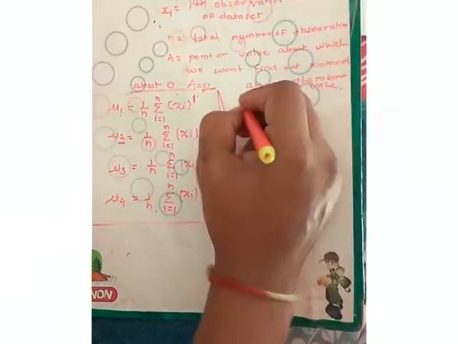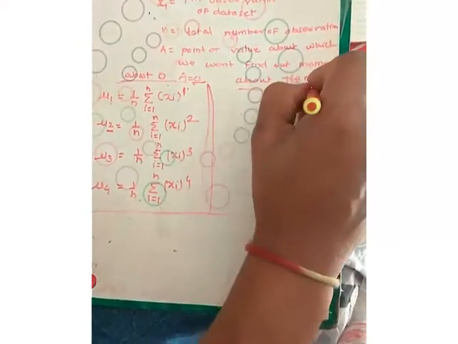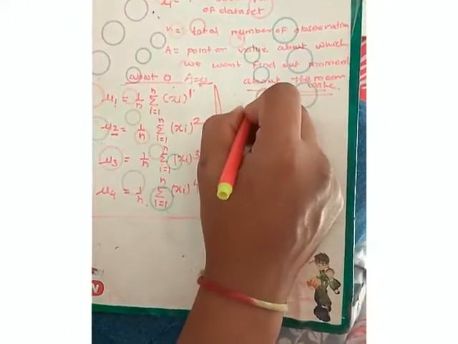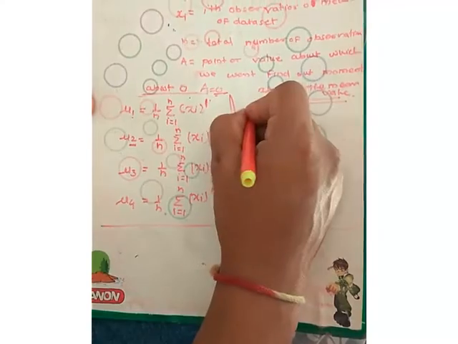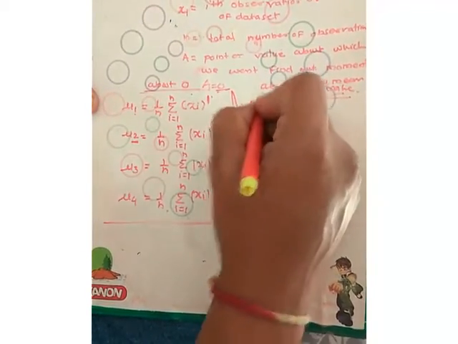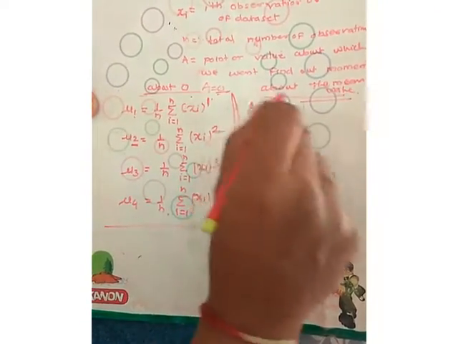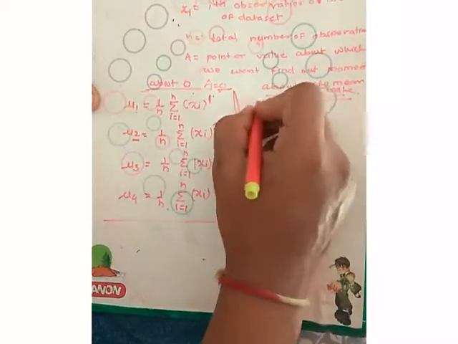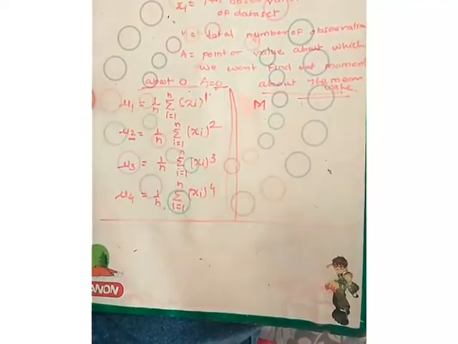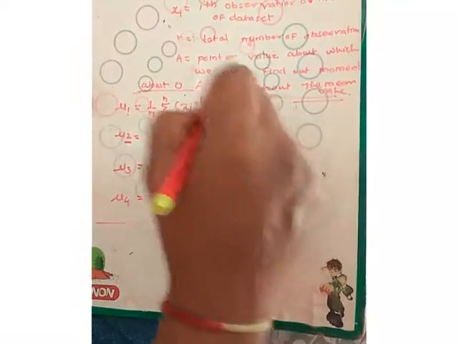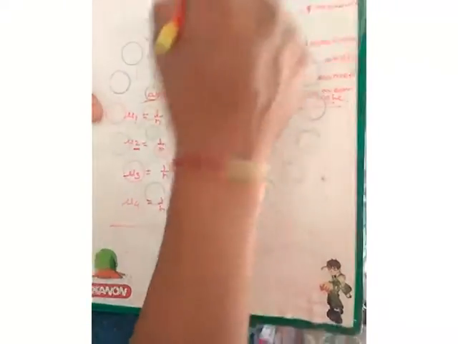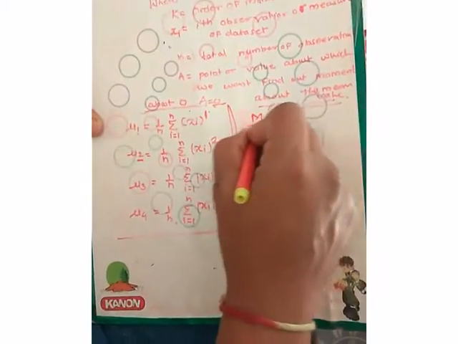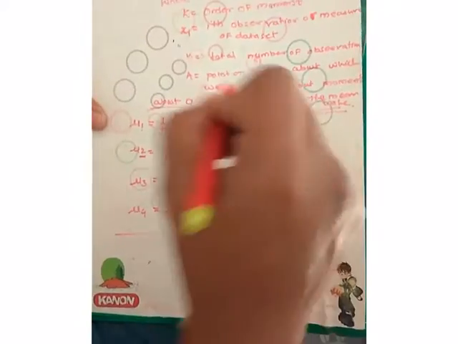Now the next thing is the moment about its mean value. So first I have to find the mean value of a data set. Instead of a, consider my mean value is m for any data set. So I am going to write this equation in terms of this mean point m.